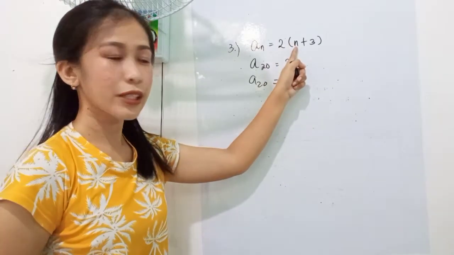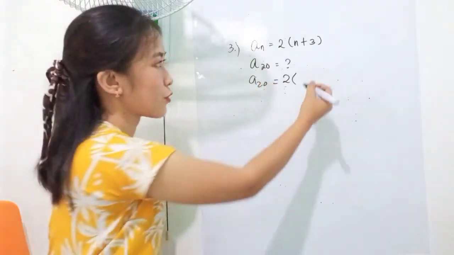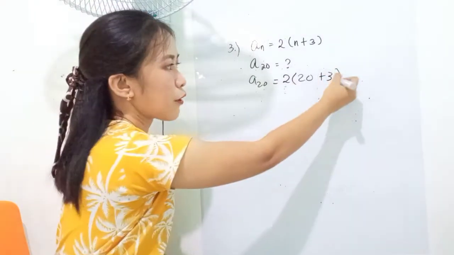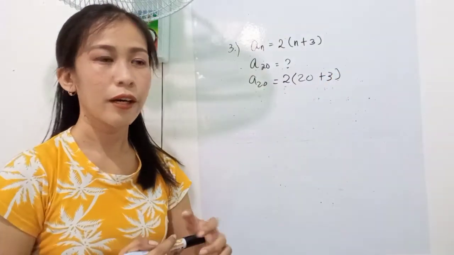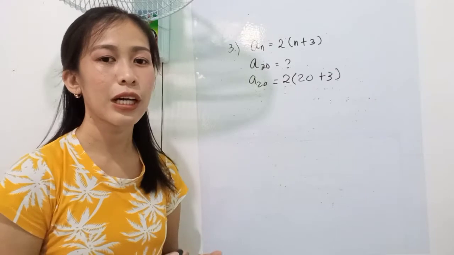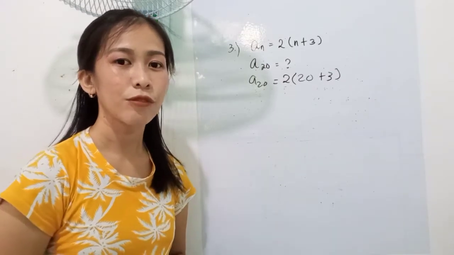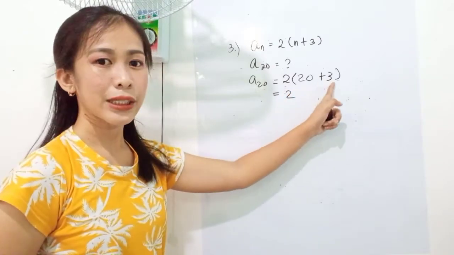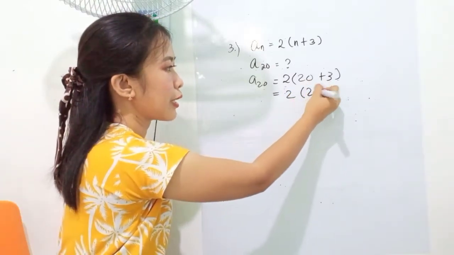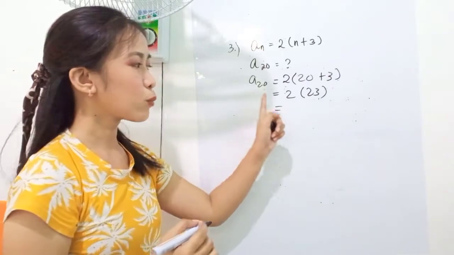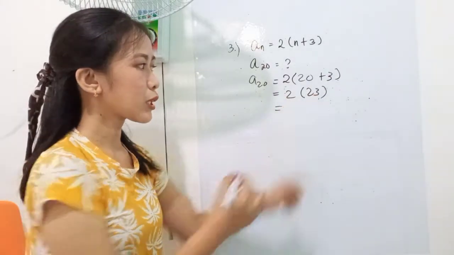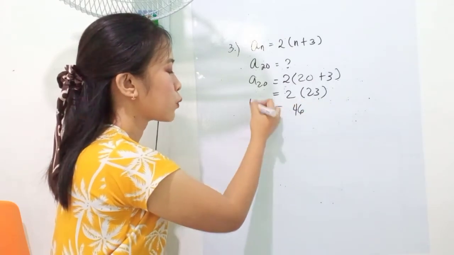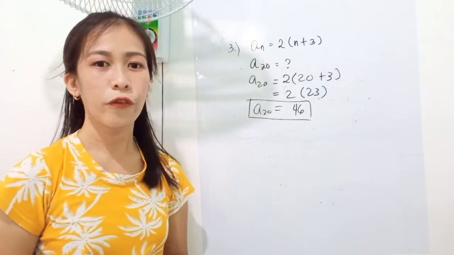Therefore, we're going to change this to 20 as well. No? So, we have 20 plus 3. Okay? So, be careful with the equation, okay, kung paano nyo siya dapat tama yung pagkakasulat nyo sa kanya. So, we have equals to 20 plus 3 is 23. Ayan. Therefore, a sub 20 is 2 times 23, we have 46.